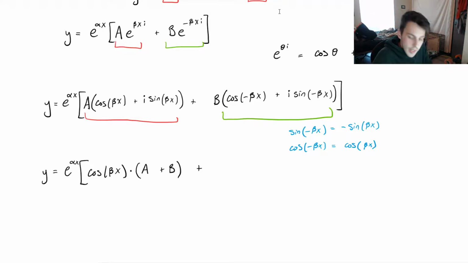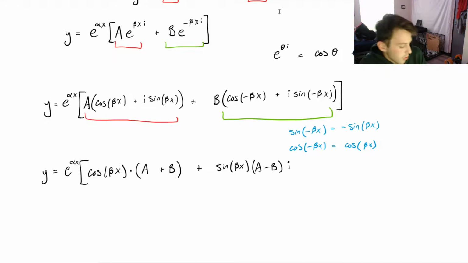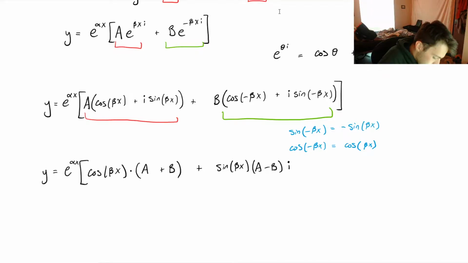So this will leave us with sine of beta x times, and this will be a minus b, and this is also multiplied by our imaginary number. We cannot forget that. Great. So we've done pretty much all of the ugly parts, okay?